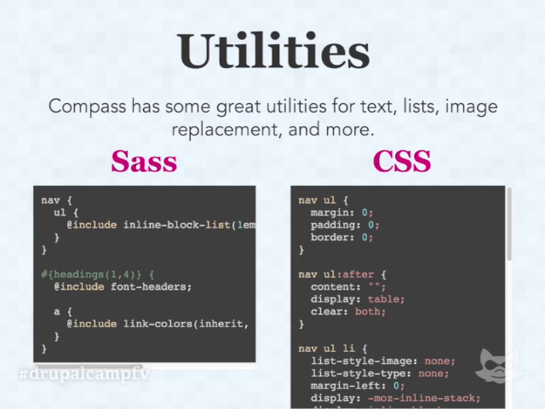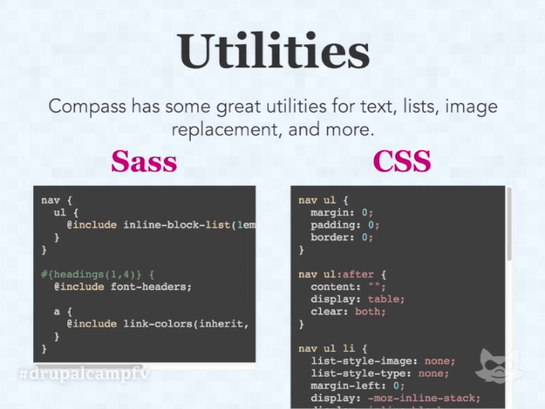So here's what include inline block list does: it sets the list itself, puts a clearfix on it so that it wraps around the list items inside of it, removes any list style type from the list items, sets their display to inline block, and the vertical alignment, and then there's that padding of 1em on each side.